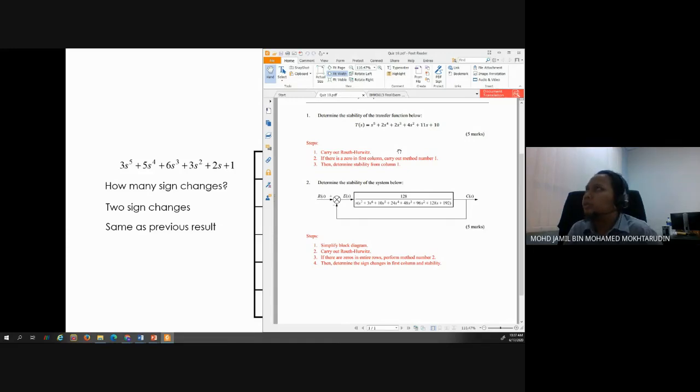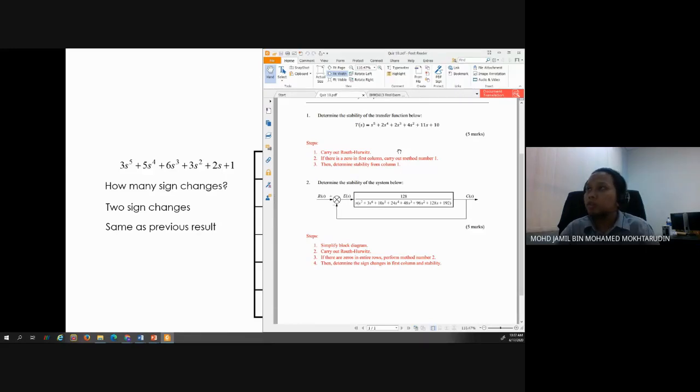Chapter 4 will be about drawing graphs, or what we call root locus. In drawing root locus there are a lot of methods and techniques that you need to remember, and this is one of the most difficult chapters for automatic control.